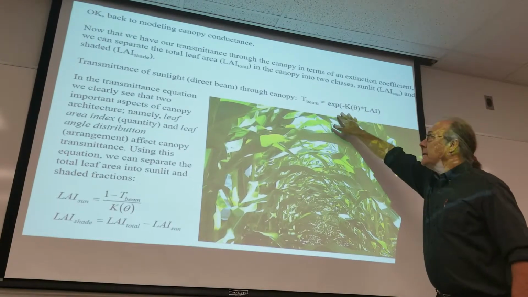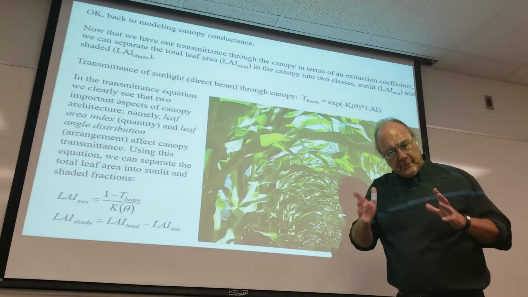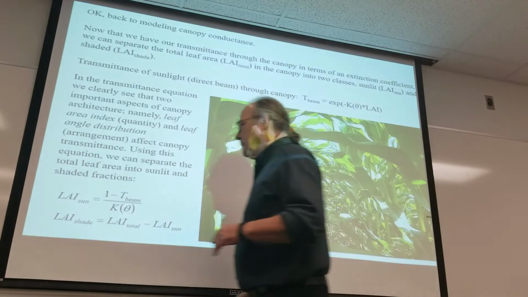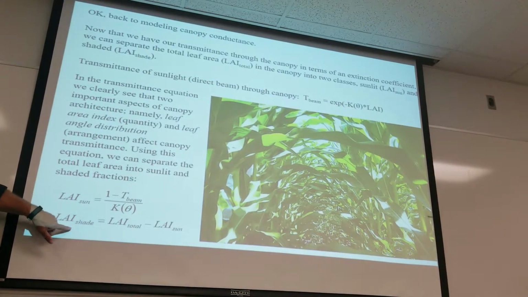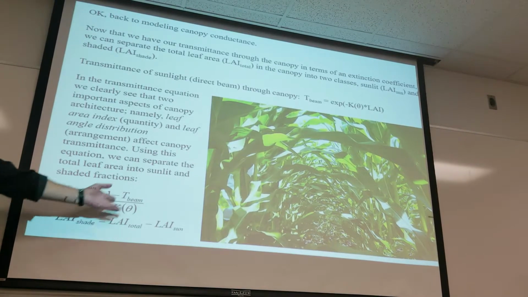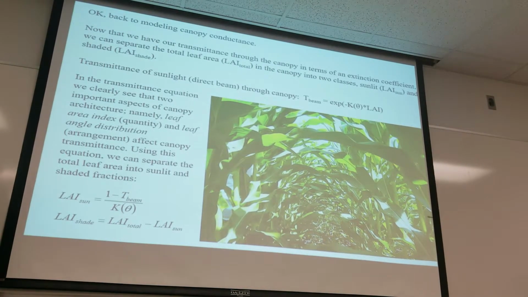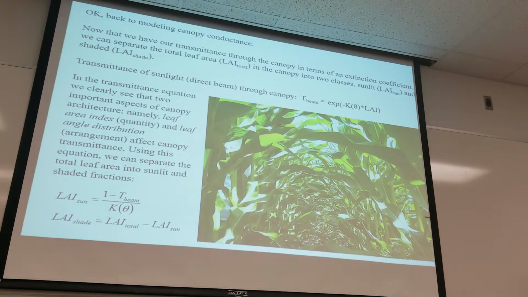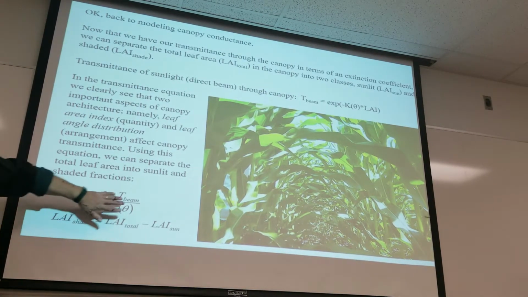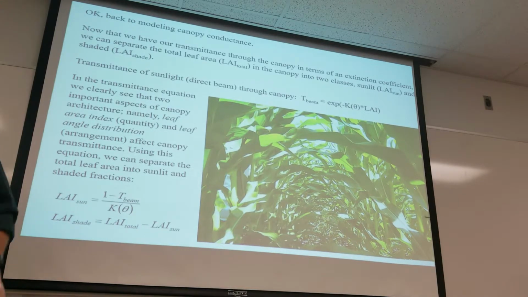If we know the transmittance for a given point in time for our canopy, we can divide the leaf area into sunlit and shaded fractions with these little equations. I think what's important is the words that I'm using to describe the process, not the particular details of the equations.